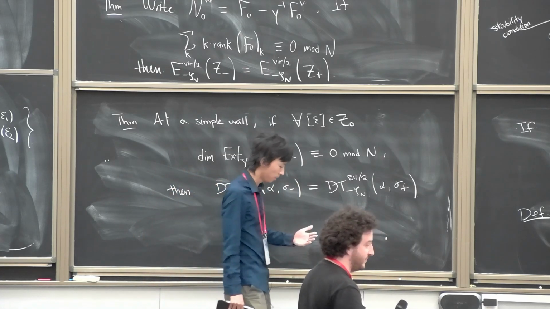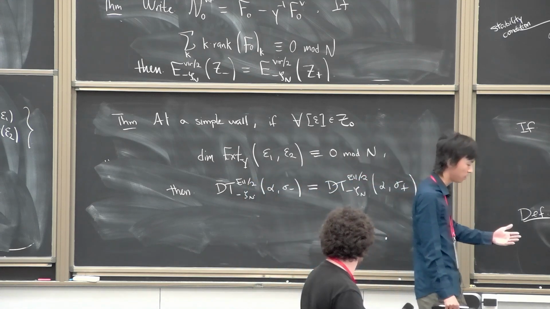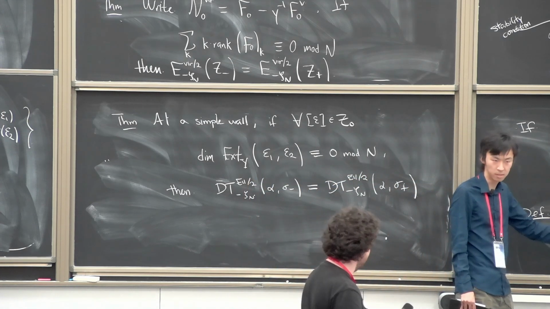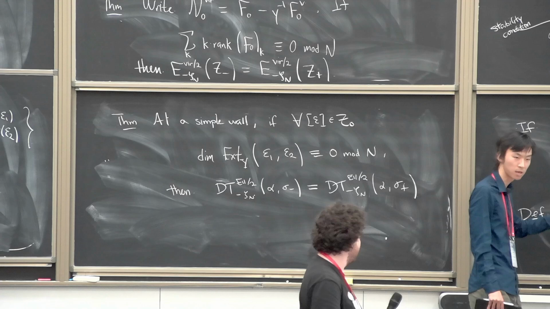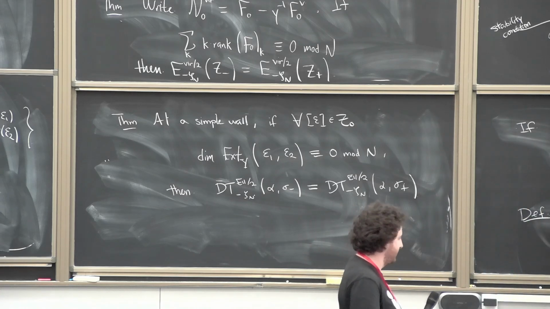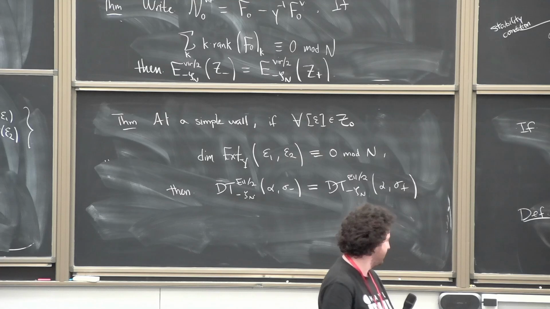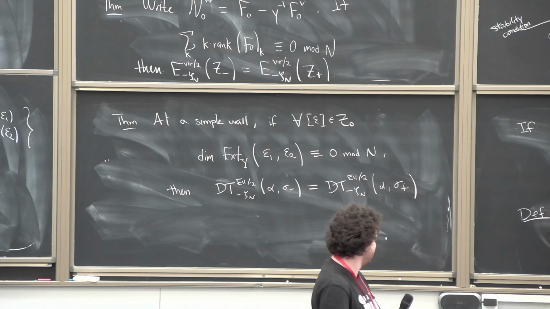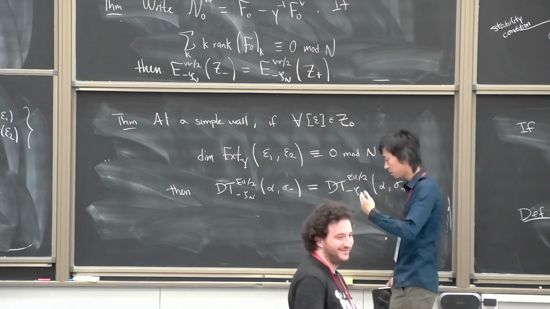And there's a previous notion of virtual elliptic genus, which is not the same thing as virtual chiral elliptic genus. The precise difference between the chiral version and the non-chiral version is that the chiral version is half of the non-chiral version.